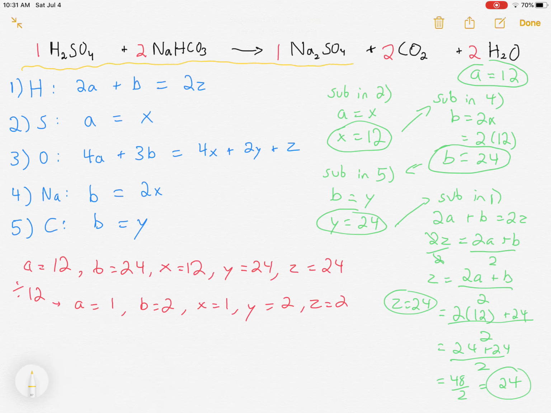And then that there ends up being our final overall balanced equation. And we solved this balancing chemical equation problem using the algebraic method.